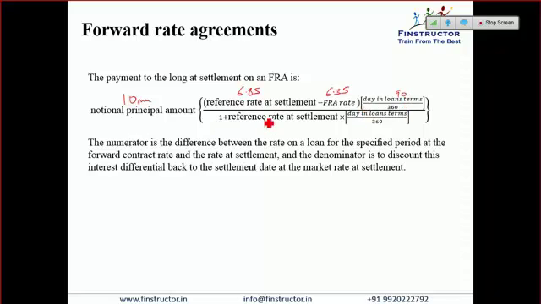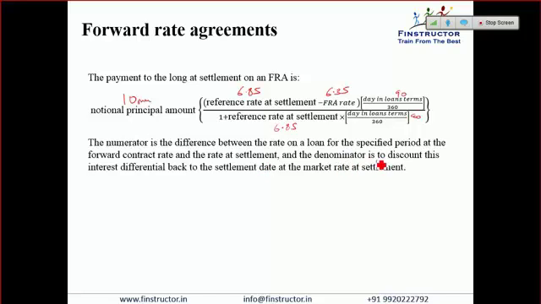But you will discount it back 90 days, or discount it back days in the loan terms, that is 1 plus the reference rate at settlement, that is 6.85 into 90 by 360. So to explain, the numerator is the difference between the rate on a loan for the specified period at the forward contract rate and the rate at settlement.